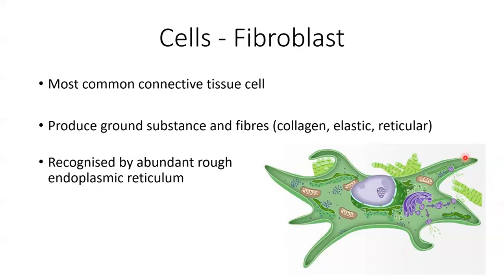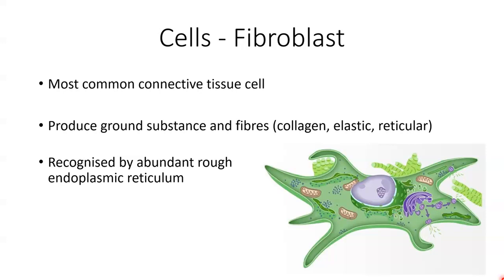Fibroblasts are large, kind of flat, although it's hard to tell from this image, what we call spindle-shaped cells that have processes, so these bits here, extending out from the cell body. The nucleus in the middle is an oval shape, but it's quite flat.